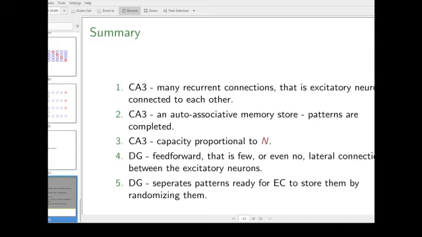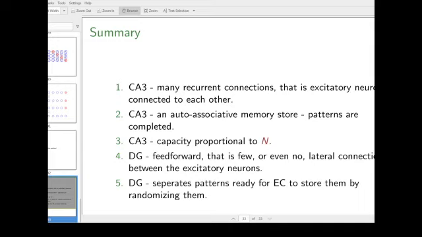CA3 is thought to be an auto-associative memory store. Patterns are completed by its dynamics. The capacity is proportional to n. Dentate gyrus is feed-forward. There are no lateral connections between the excitatory neurons, and its role is to separate patterns ready from the EC, ready for storing in CA.